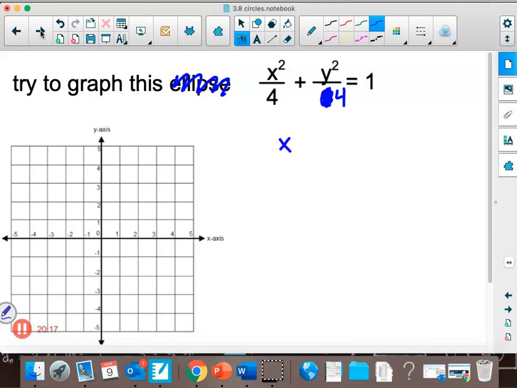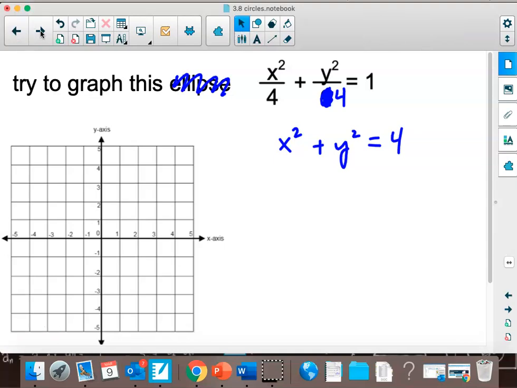Multiply both sides by 4, and I'd get x squared plus y squared equals 4, right? So this would be a circle with a radius of 2, right? So if I take my circle equation, radius of 2, and I divide both sides by 4, what I end up with is this, right?